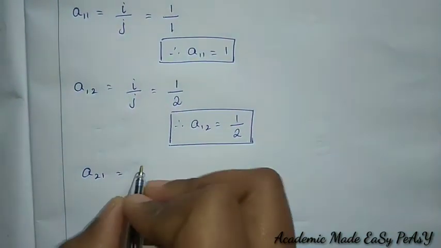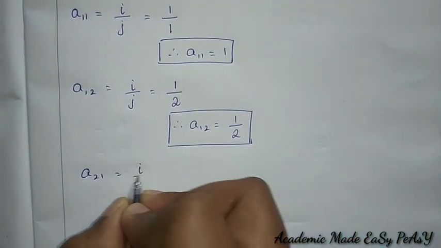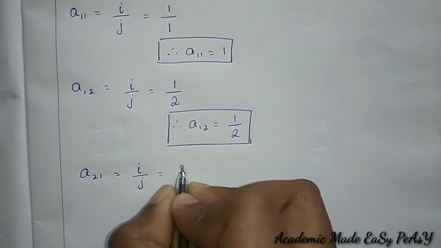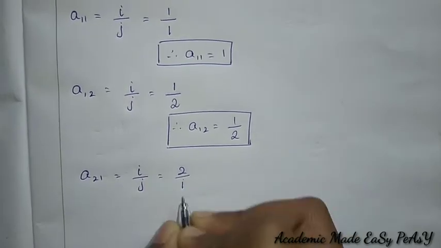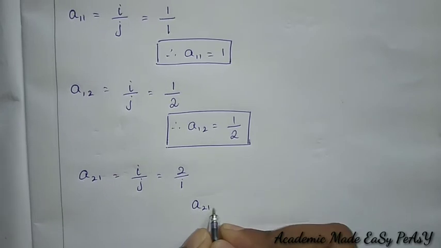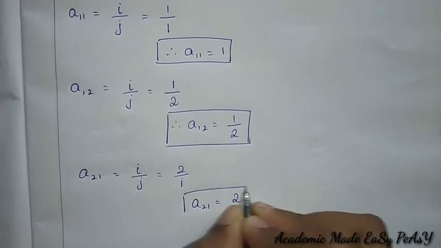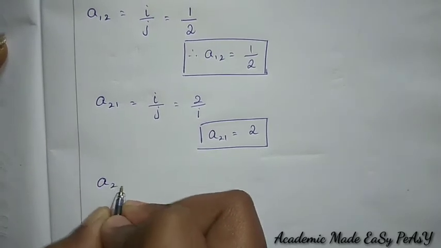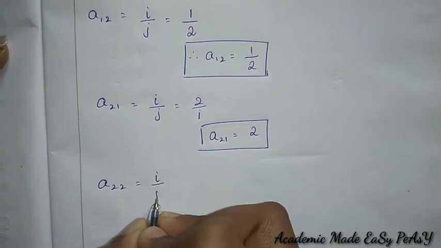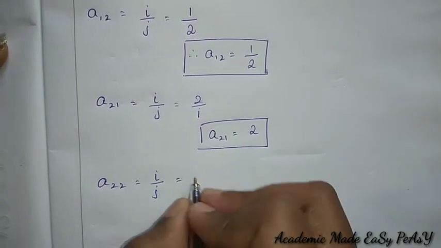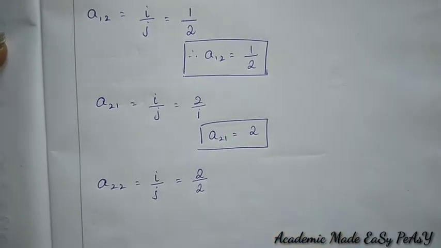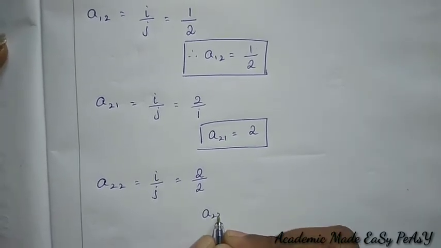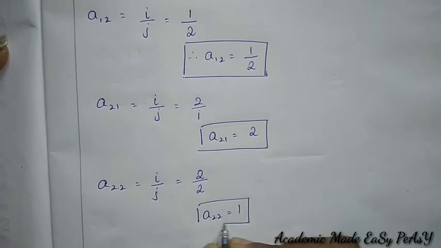So therefore i by j. So i is 2 and j is 1. So therefore A21 is equal to 2. Next I have A22. So i by j is equal to 2 by 2, where A22 is equal to 1.